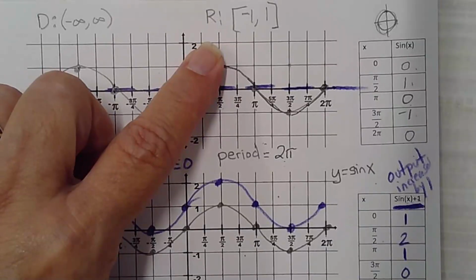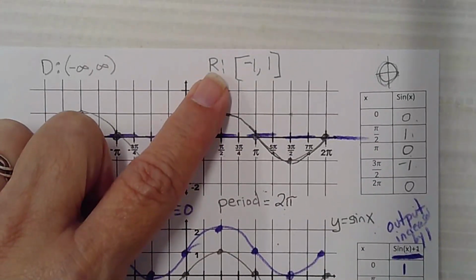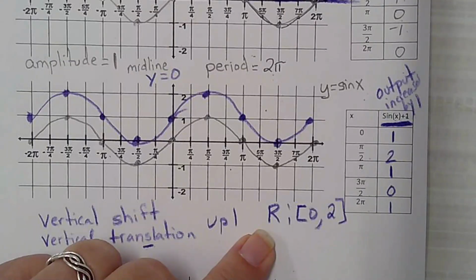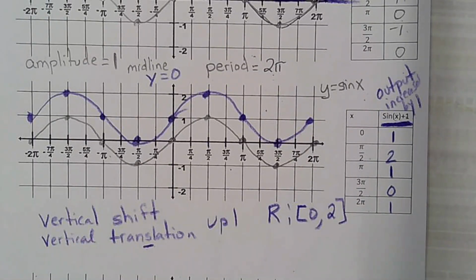Okay, look, compare the range of the parent function with the range of the new function. Do you see that it went up 1? Because we're doing a vertical shift and the range measures your y values, your output values. So do you see that connection? All right.